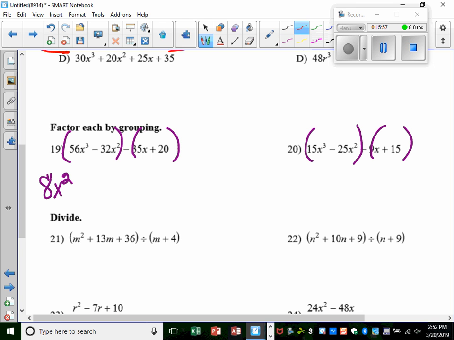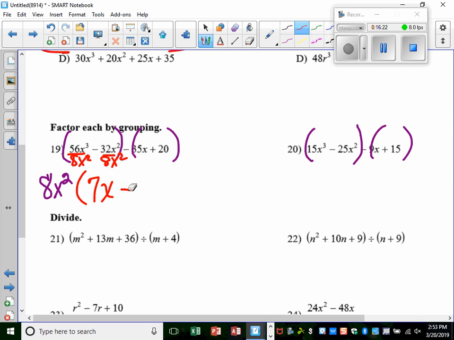And then what you can do is divide these by 8x to the second, because you're dividing each term by the GCF. So when I divide, 56 divided by 8 will give me 7. And then when I subtract my exponents, what's x to the third minus x to the second? That's going to just give me x.